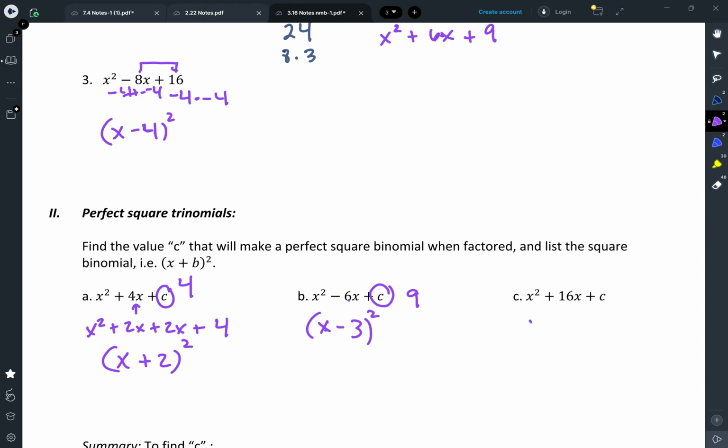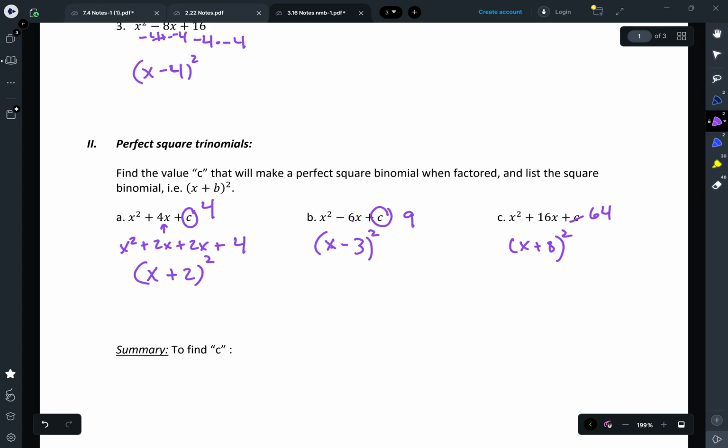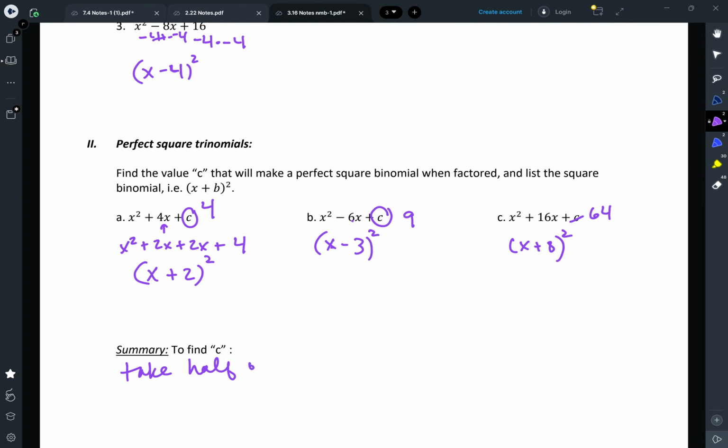Last one, do the same kind of thing, x plus 8 squared would be a 64. So really what I'm doing is taking half of the middle term, or coefficient, and then squaring it.